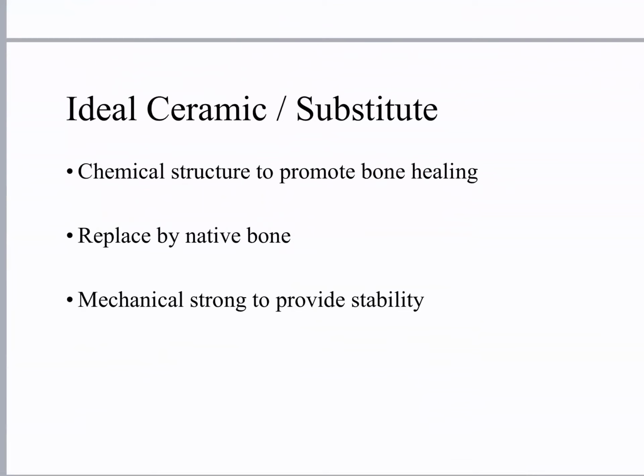If you ask yourself what would make an ideal substitute, you want a chemical structure that promotes bone healing, a structure that will replace native bone, as well as a structure that is mechanically strong to provide stability.